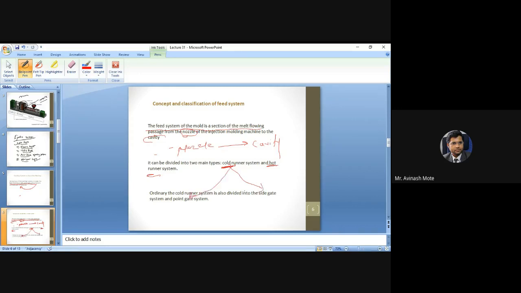So if we check two categories, cold and hot, this cold is again side gate and point gate. Hot does not have any types. So two types, cold and hot, and then side gate and point gate.